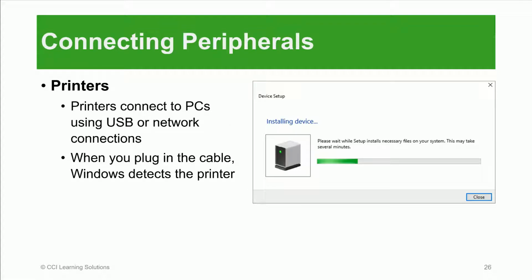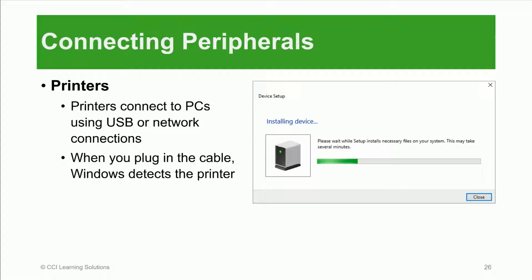Printers. Printers connect to PCs using USB or network connections. And when you plug in the cable, Windows detects the printer. Now here's a fun little fact about printers, and this was before USBs were prevalent. They used to have their own printer port that you would connect the printer to in order to be able to print on that printer.